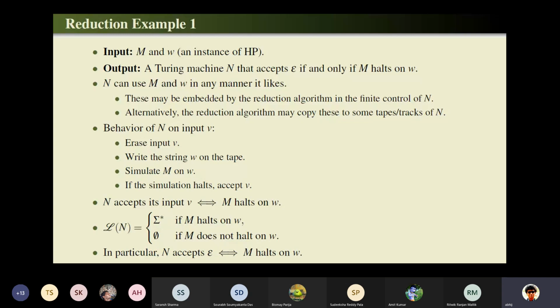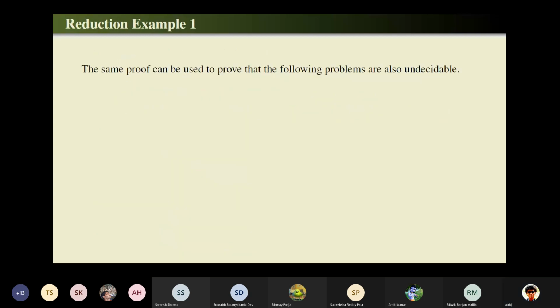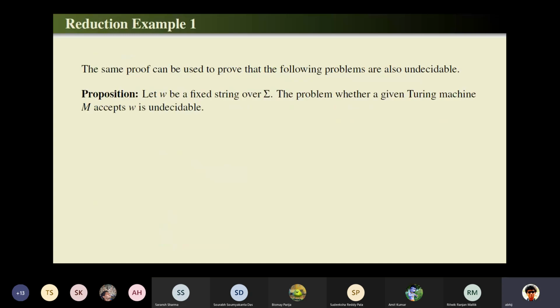But maybe I can tell you some more. The same reduction also proves many things, because just think of those two behaviors, sigma star and empty. So it also proves that these problems are undecidable. If instead of epsilon we take any fixed string W, this belongs to sigma star but not to the empty set.